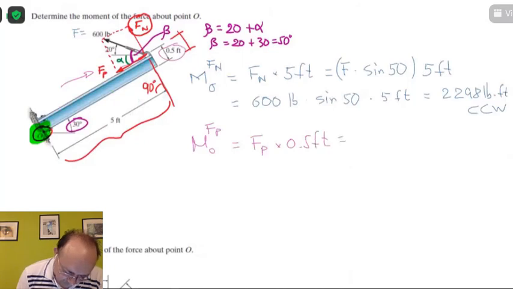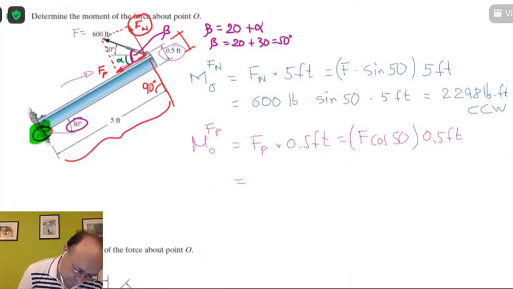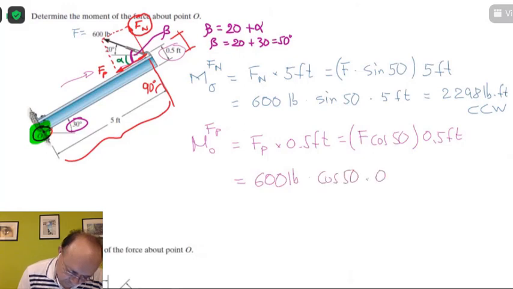So it's equal to force cosine 50 times 0.5 feet, so 600 pounds cosine 50 times 0.5 feet.